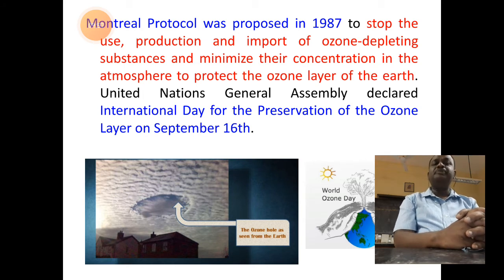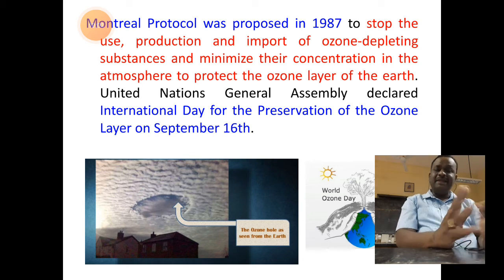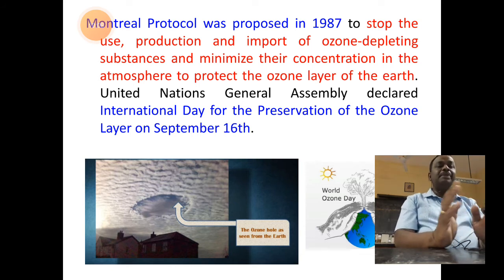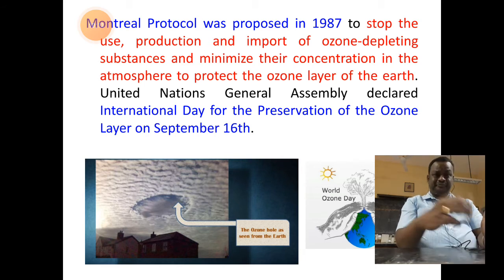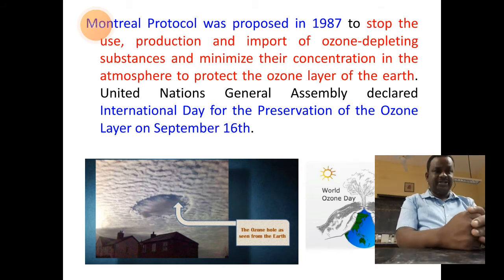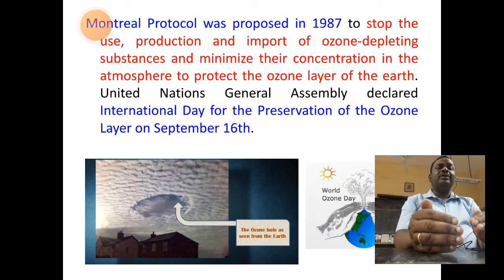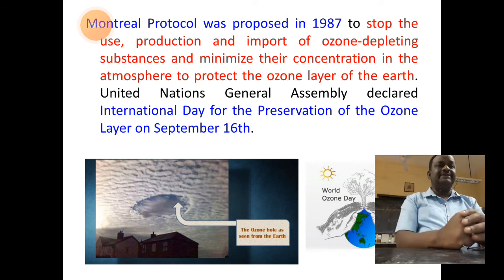This Montreal Protocol refers to an agreement made between the nations in order to protect the ozone layer. It was used to encourage the nations to support the stoppage of the usage of ODS.